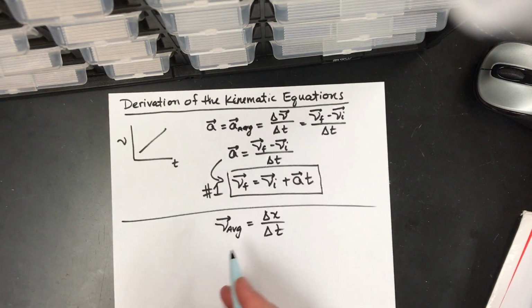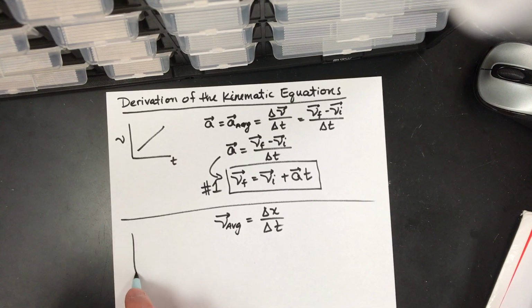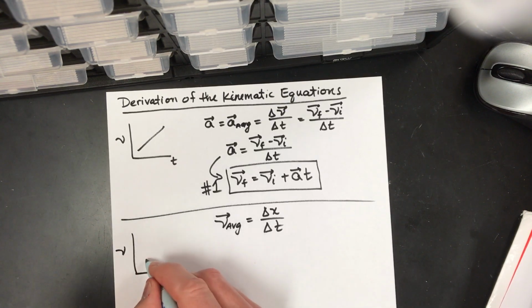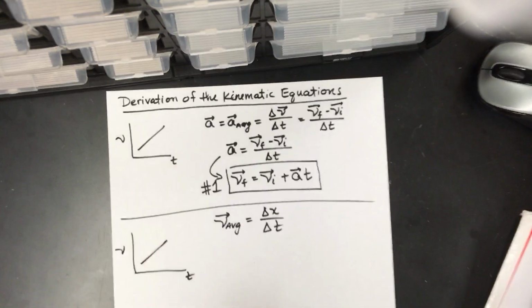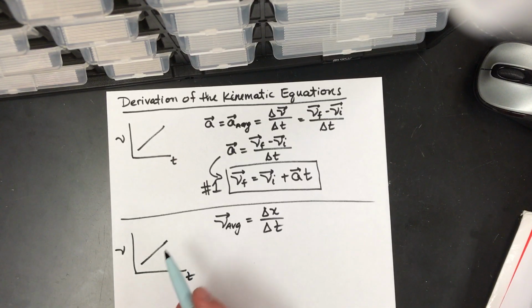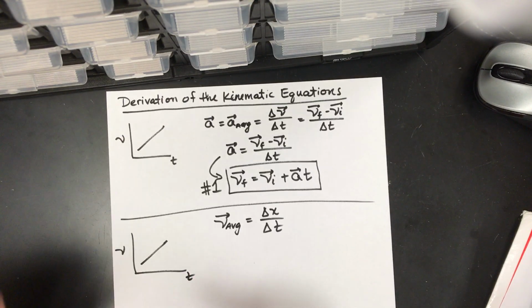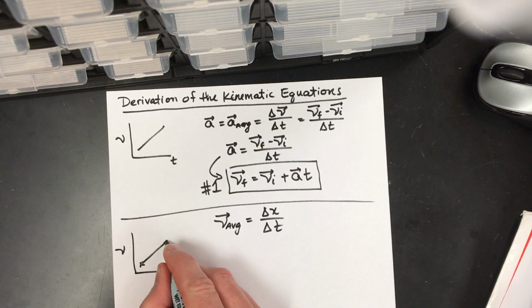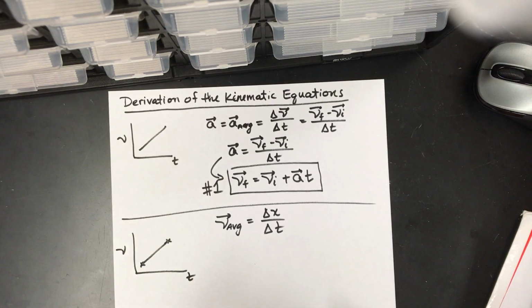Now, I could ask you another way to find average velocity based just on a motion graph. Again, if we had this set up for a velocity graph, it starts at a low velocity, ends up at a high velocity, speeds up at a constant rate, meaning the acceleration is constant. And I only told you the initial velocity and the final velocity.